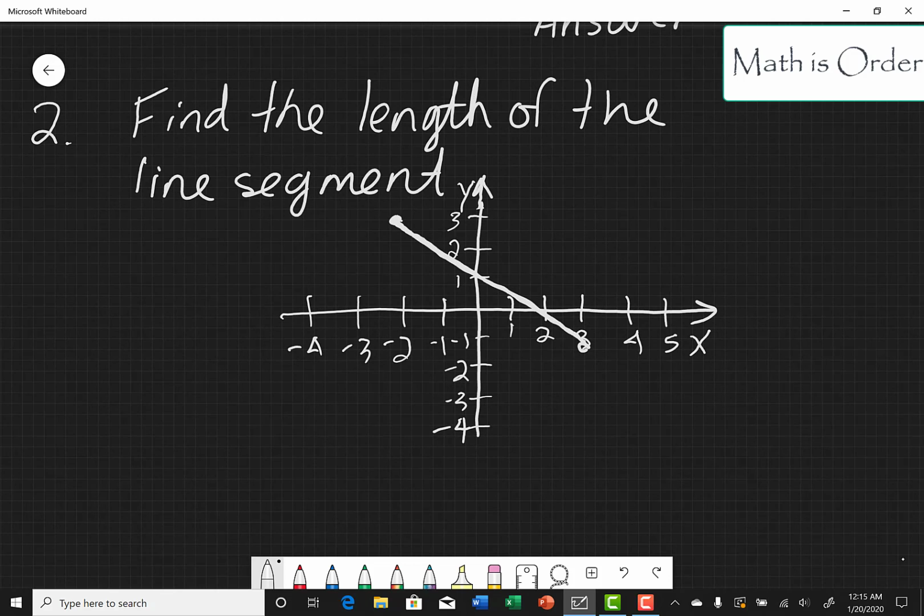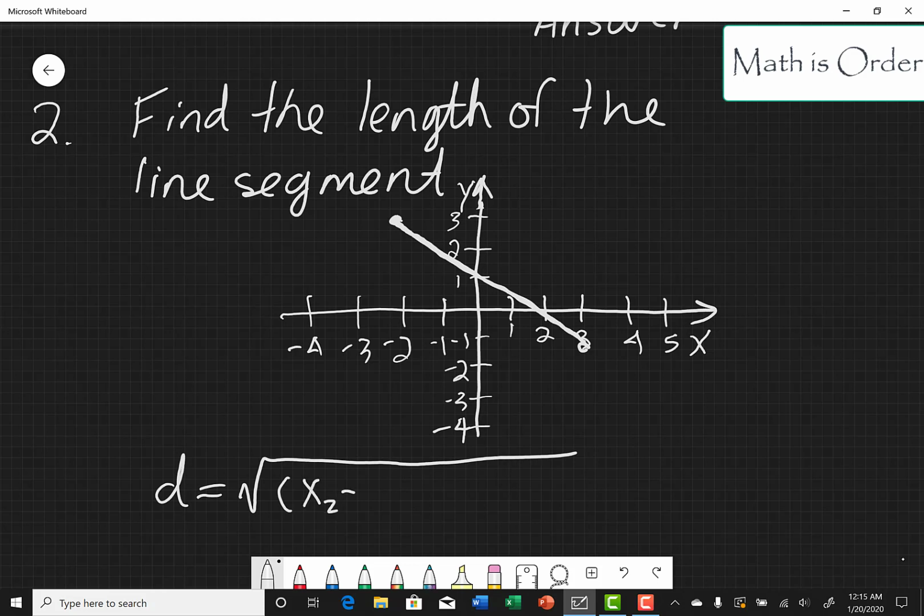We want to find the distance of this segment. So immediately we can apply our distance formula. But we're going to need to know what is x1, what is y1, what is x2, what is y2. Right? So the first thing is to identify the endpoints of this line segment.